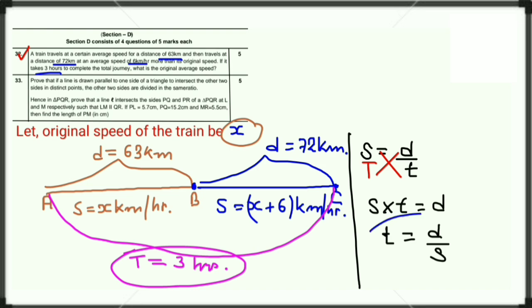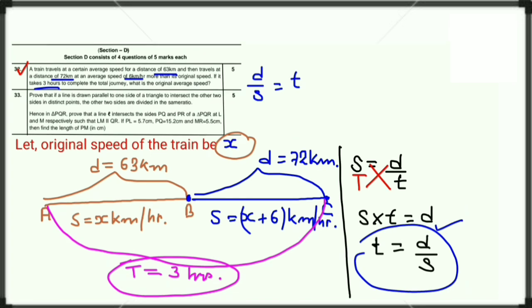Now by using this formula we can make our equation according to this question. So let's make our equation over here, and this formula can be written as distance by speed equal to time.